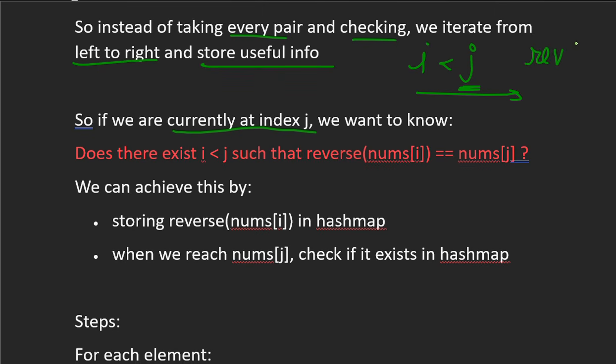We want the reverse of nums of i, and i is less than j. If we somehow have the reversed value of all the indexes i which are lesser than j, then our work is done. So at index j, we want to know if there exists any index i less than j such that reverse of nums of i is equal to nums of j.